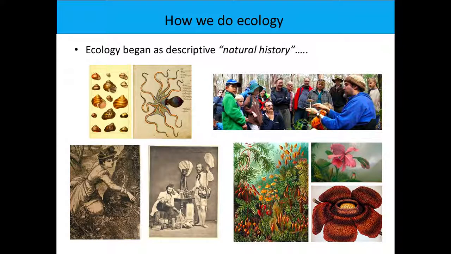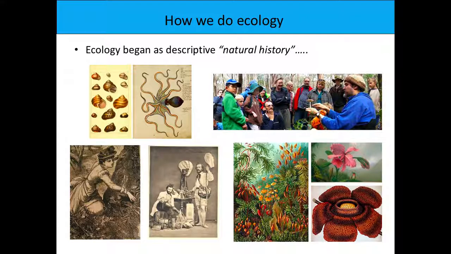How do we actually study ecology? Ecology is a constantly enriching and developing field. And what we term as ecology really can be traced back to the old Victorian naturalists, who went on tours, went on trips, collected samples, documented what was around them.